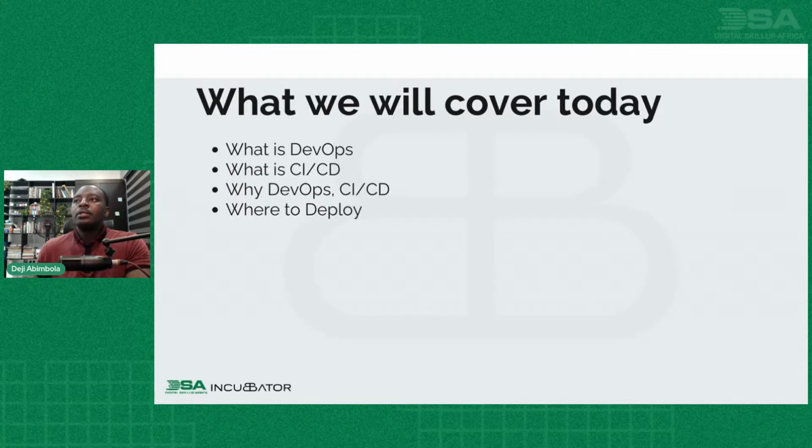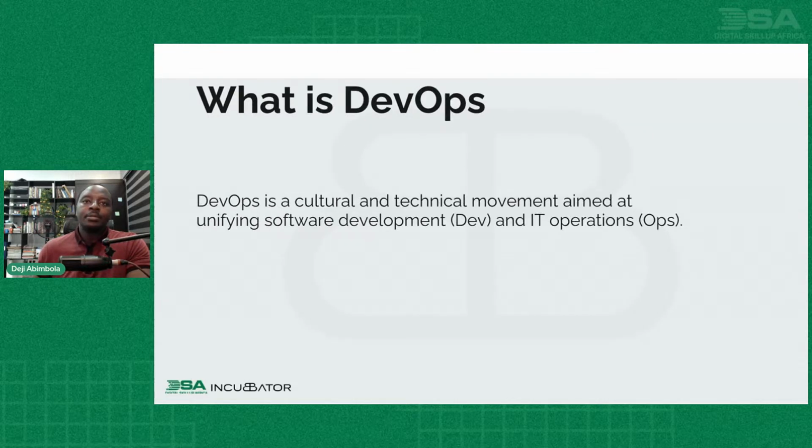So the first one is, what is DevOps? I would say DevOps is a cultural and technical movement aimed at unifying software development, which is the dev aspect of DevOps, and IT operations, which is the ops aspect of DevOps.